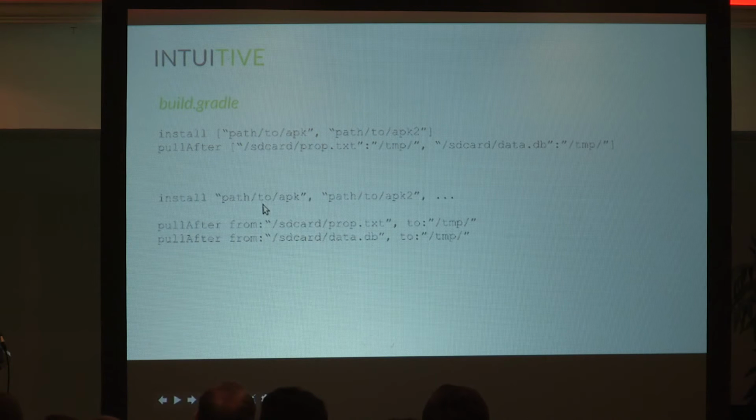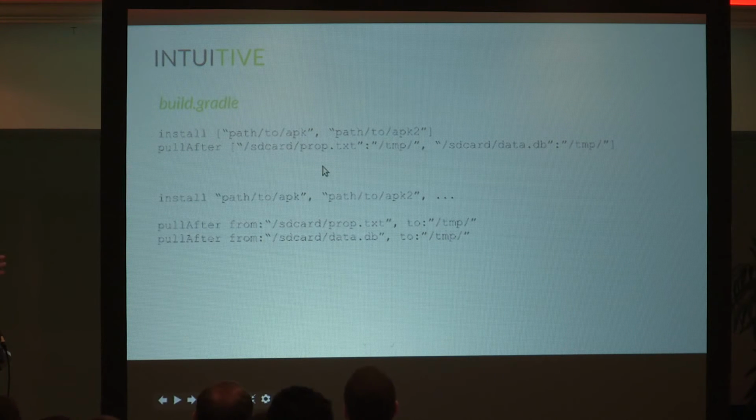So what I personally wanted to do is something like this. Install, then give a list of strings separated by commas. There are a lot fewer characters to enter, that's better. And also on pull after, because there are two notions here.